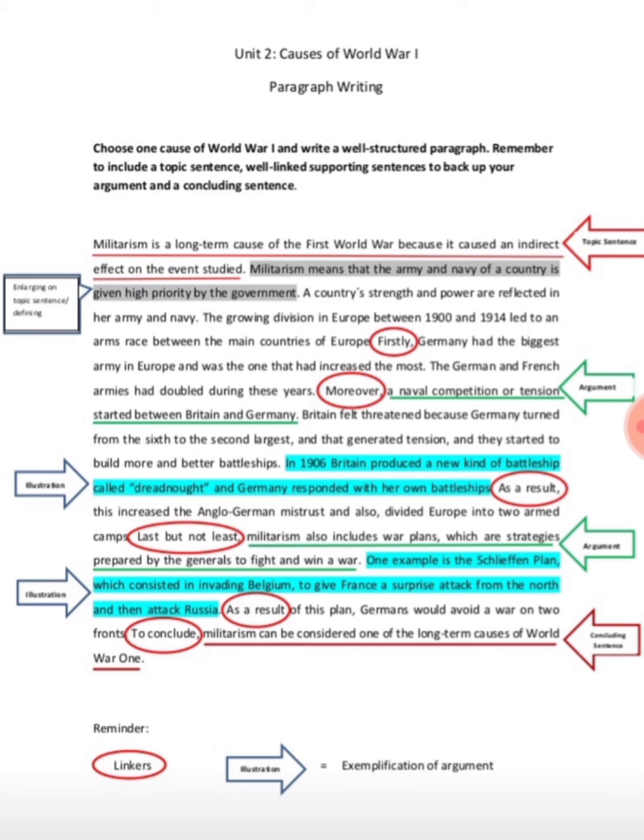Because we have to write on the causes of World War I, and we have started with militarism, and we have said that it is a long-term cause of World War I. So this is the topic sentence which tells us that we are going to discuss this cause.